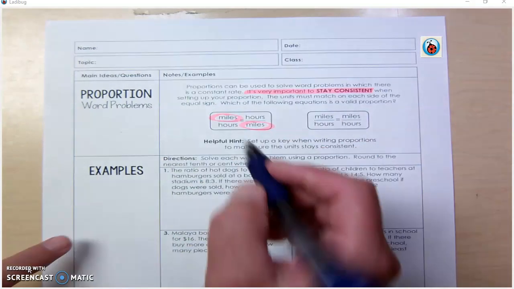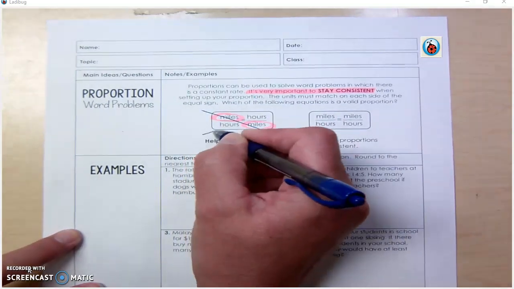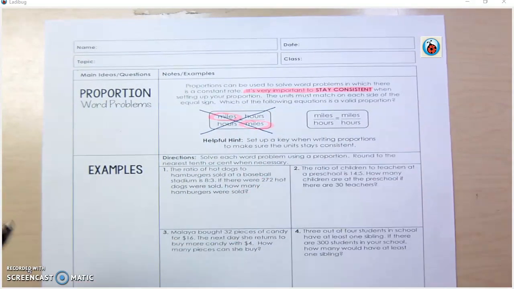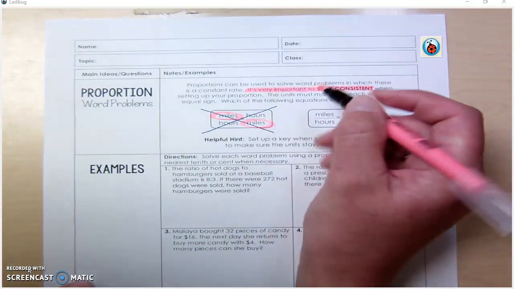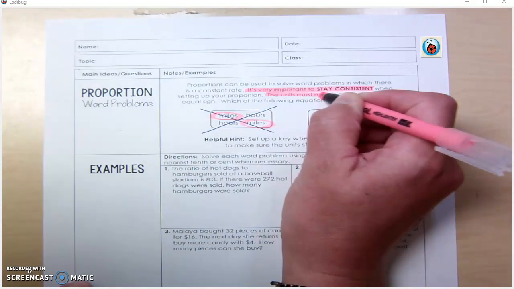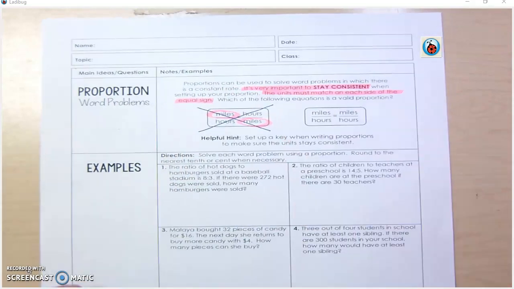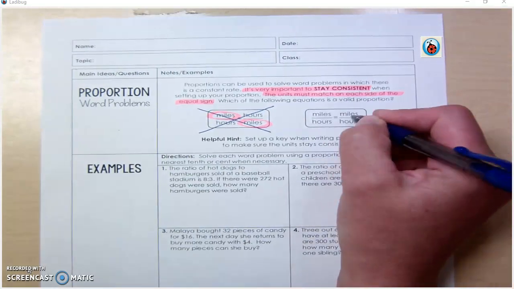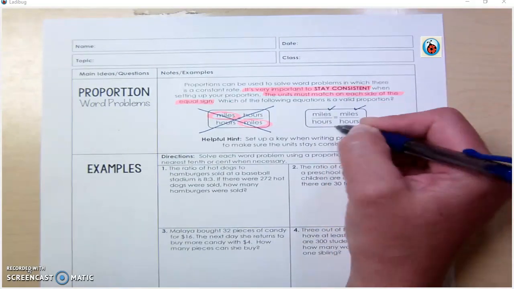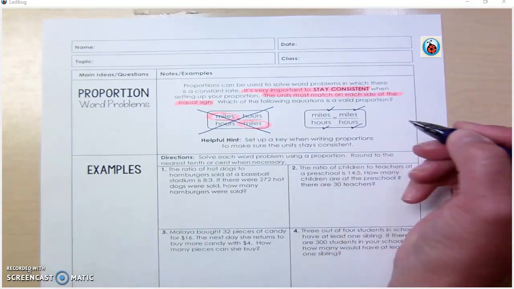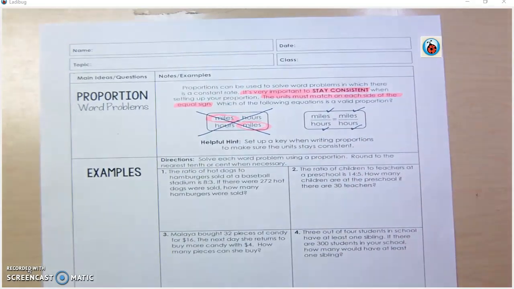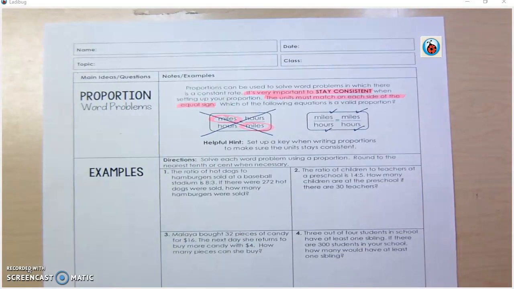That's absolutely not going to be acceptable. Units must match on each side of the equal sign. Absolutely must match. So when you're looking at the second situation, miles and miles here, hours and hours here, they matched up. They both are in the numerator or in the denominator.